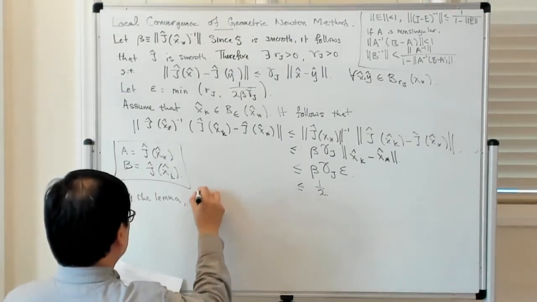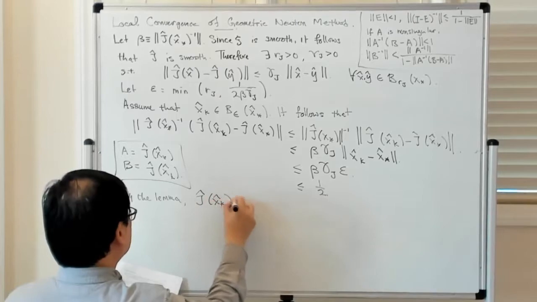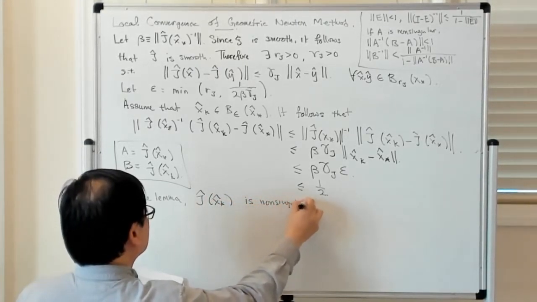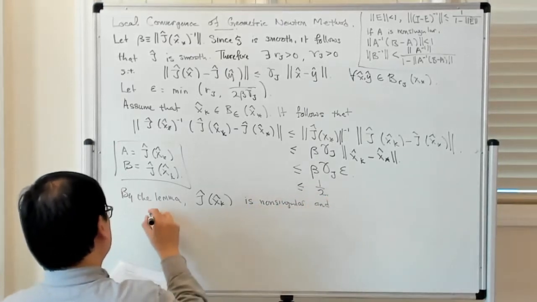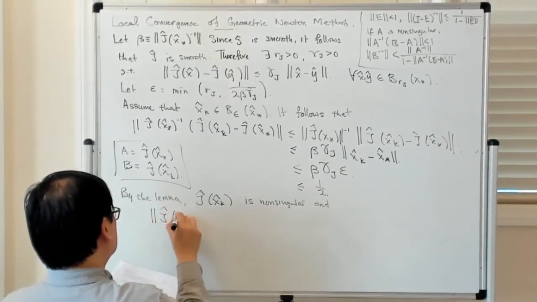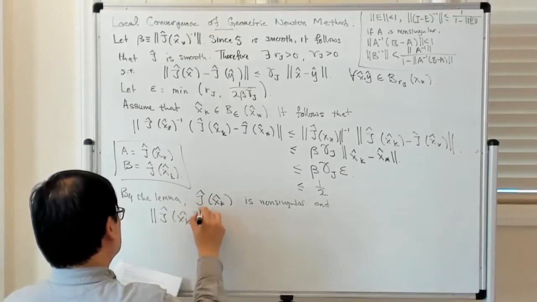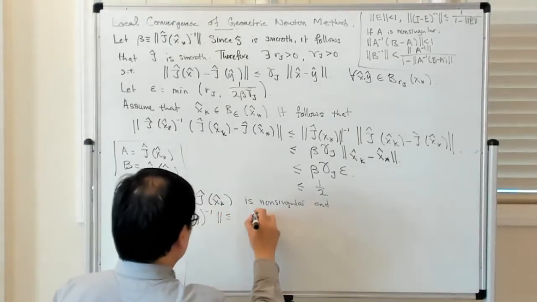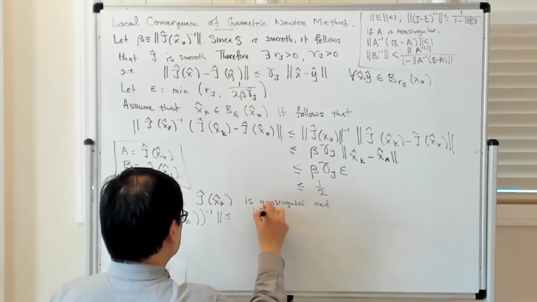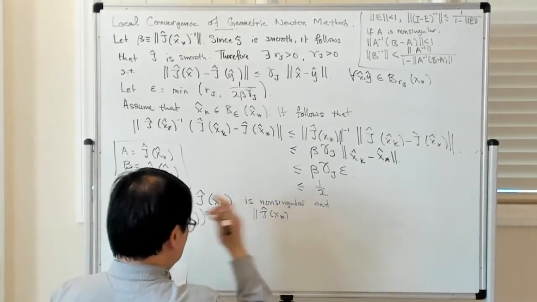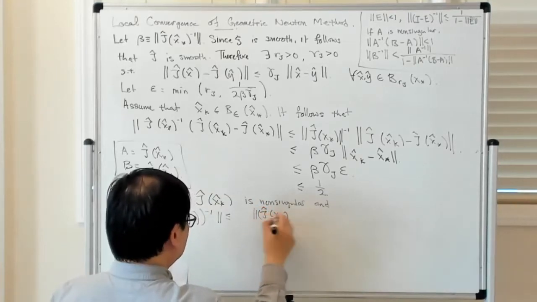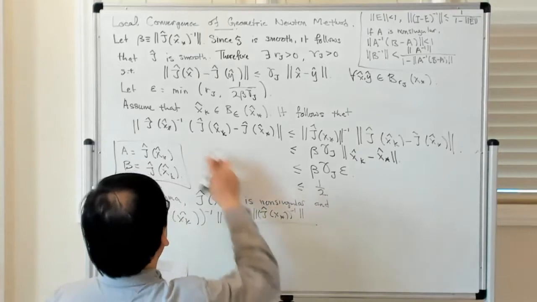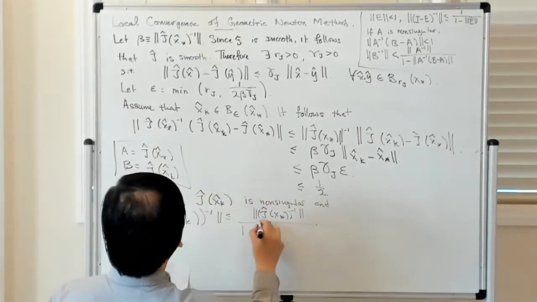So J hat x_k hat is non-singular, and the operator norm of the inverse is less than or equal to the operator norm of the inverse at the point where the vector field vanishes, divided by 1 minus this operator norm.